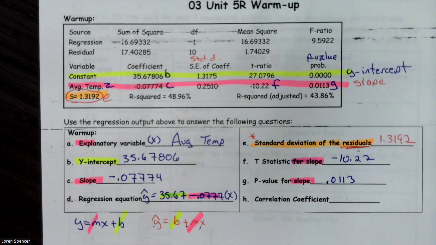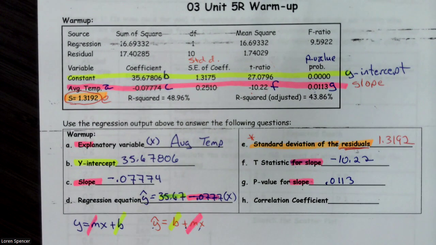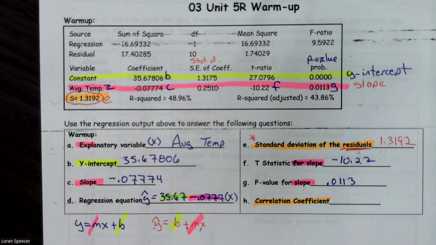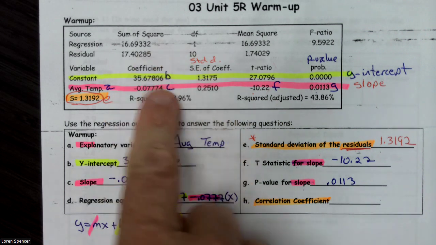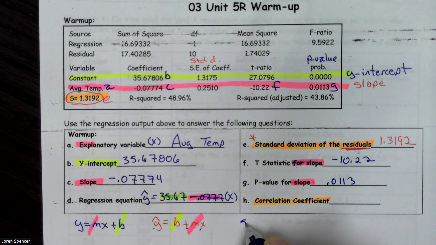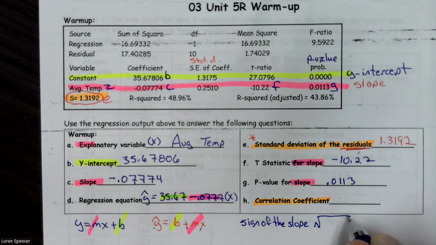The last thing it asks for is the correlation coefficient. I'm going to highlight that in orange. It's not actually on the formula chart. I mean, it's not actually in the computer printout, but we have the information that we need. What we're going to need is the sign of the slope and the square root of r squared.